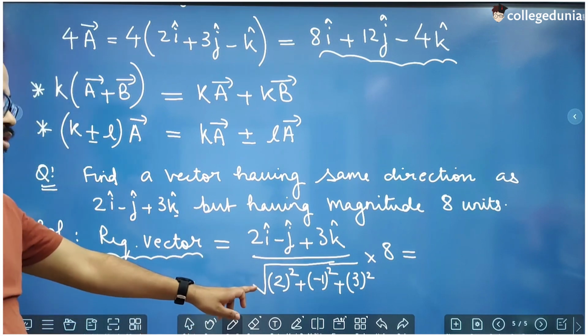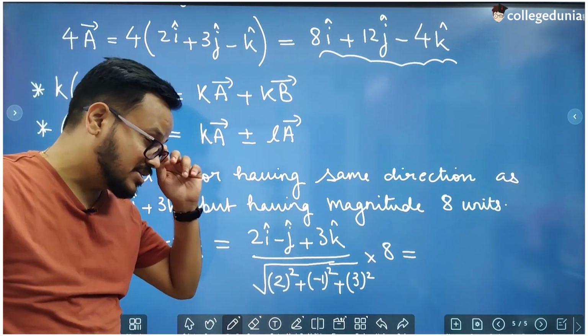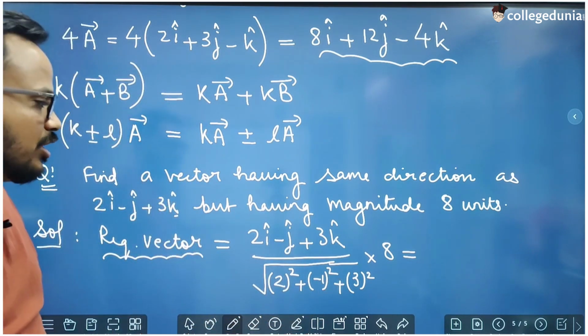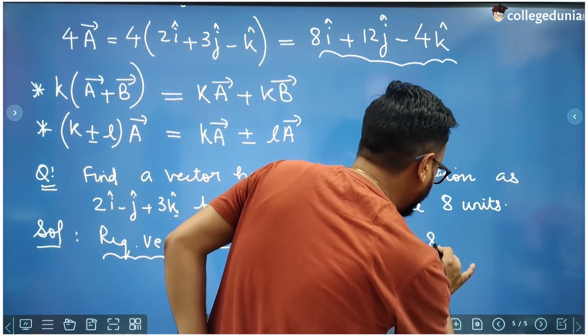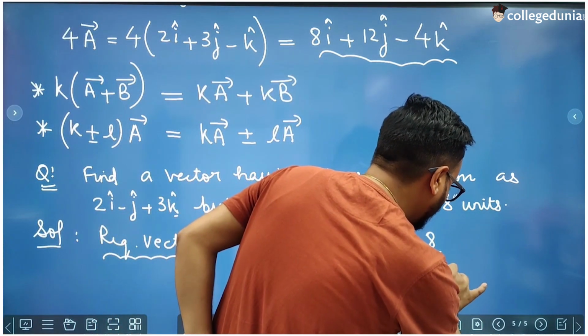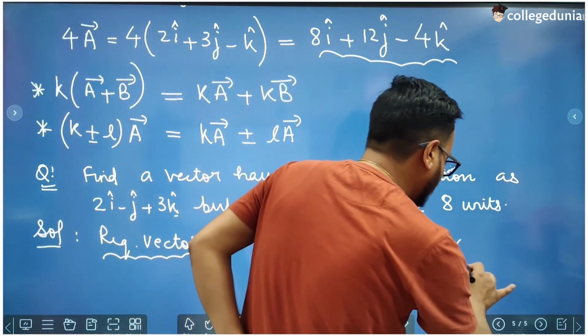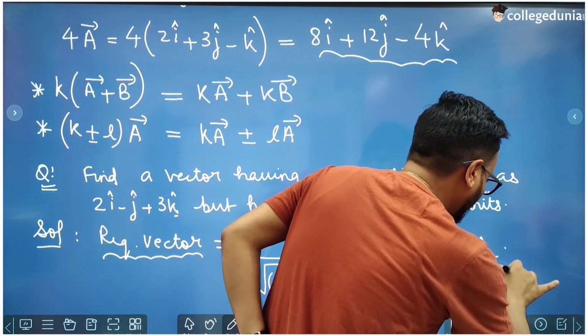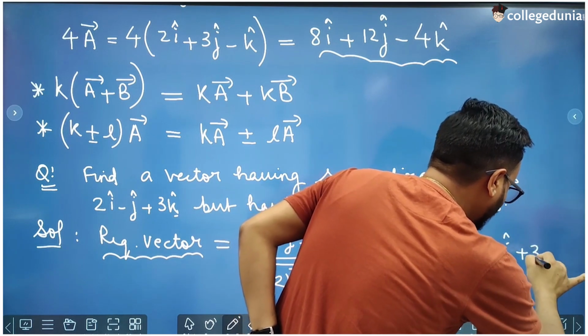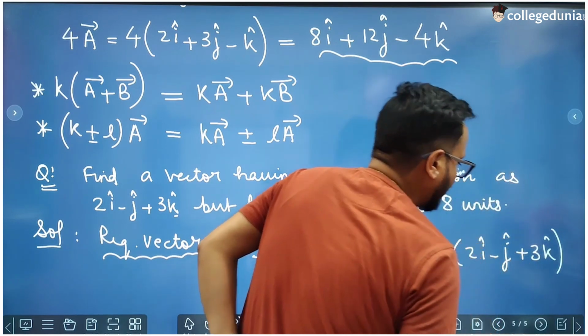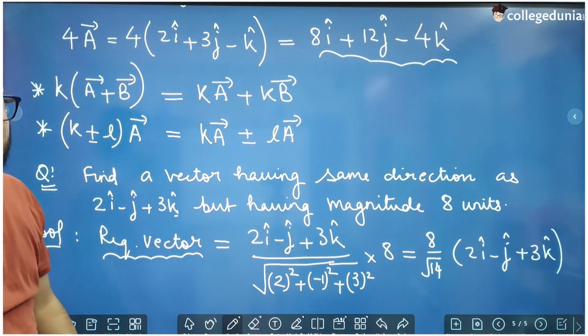So 2 square is 4 plus 1 is 5 plus 9 is 14, root 14. So 8 divided by root 14 into 2i cap minus j cap plus 3k cap. So this is the required vector.